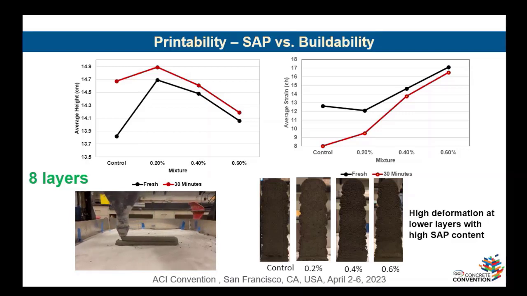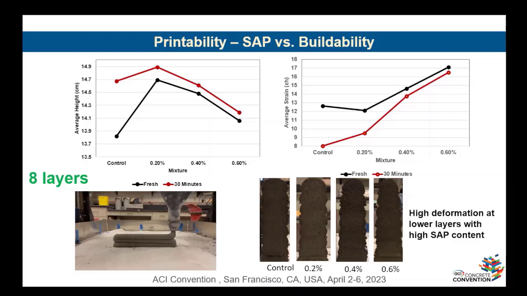When we printed with a higher content of SAP, like 0.4% and 0.6%, the top layers were narrow because the mixture was kind of dry, but the lower layers were flat. It caused the average height to go down with 0.4% and 0.6% SAP, exactly the contrary to 0.2%.